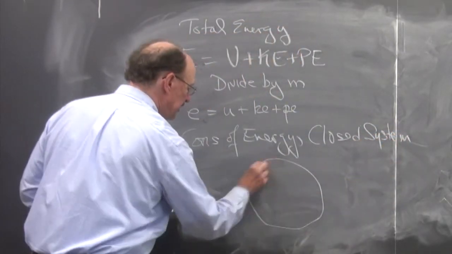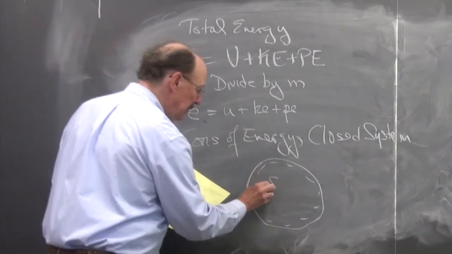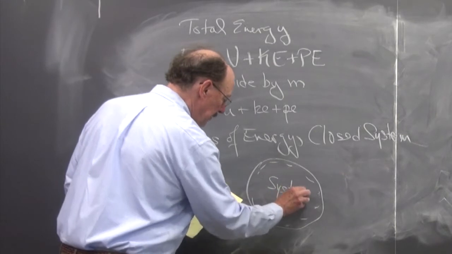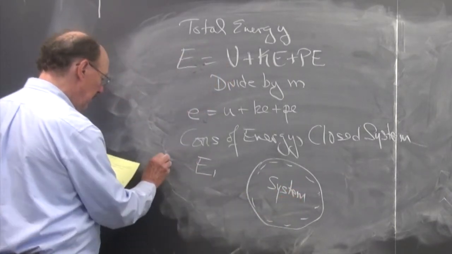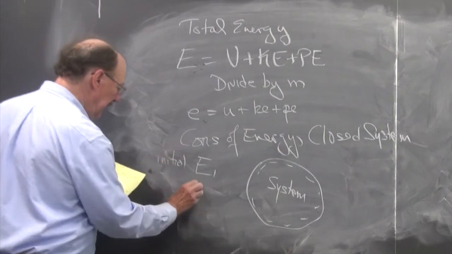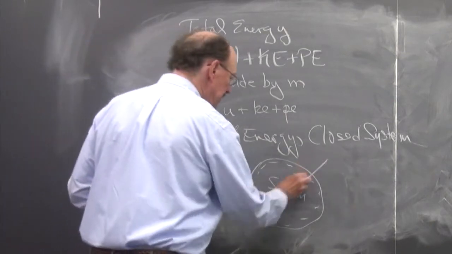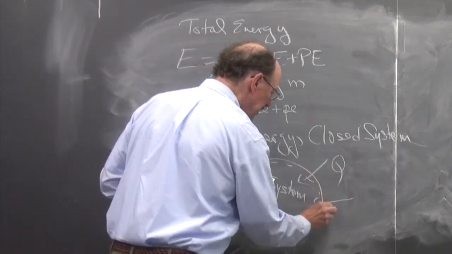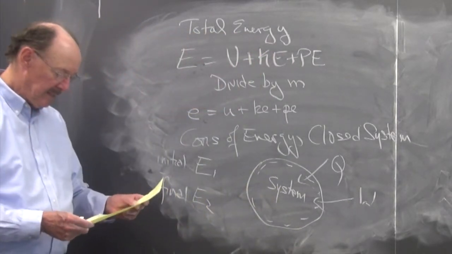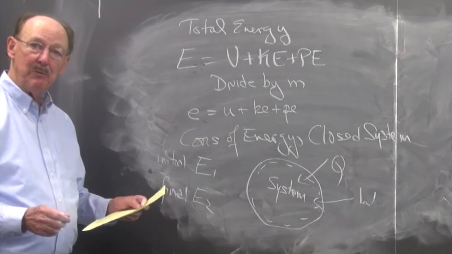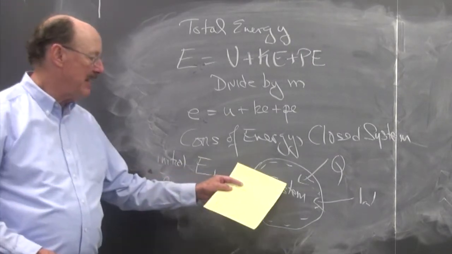So I have this closed system here. It's going to have E1 initial, E2 final, and it's going to receive heat and receive work. Very cleverly, what we say is that the difference between the two energies is the amount of energy put in.